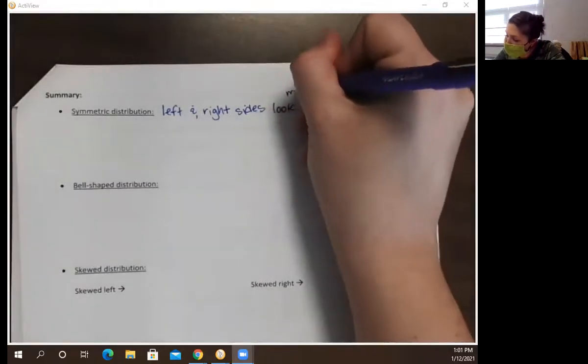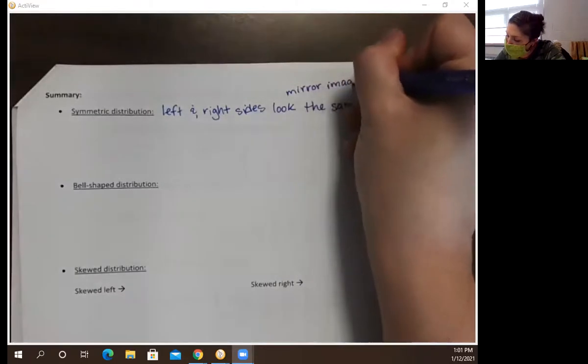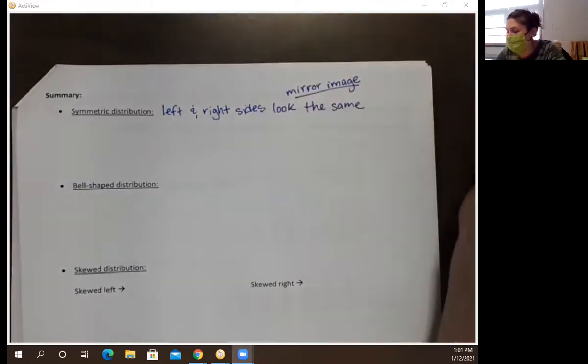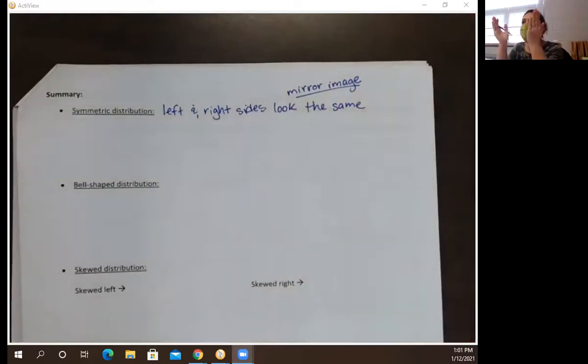And when I say look the same, what we want are mirror images. That means that if I were to fold it in half at the middle, the left side would match up exactly with the right side.